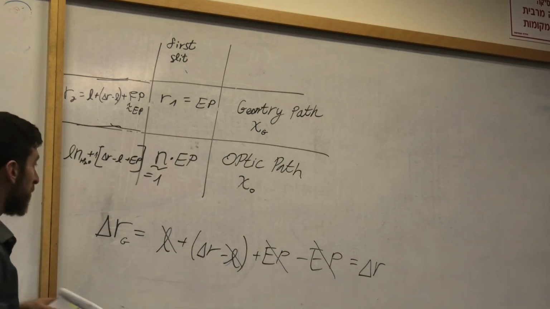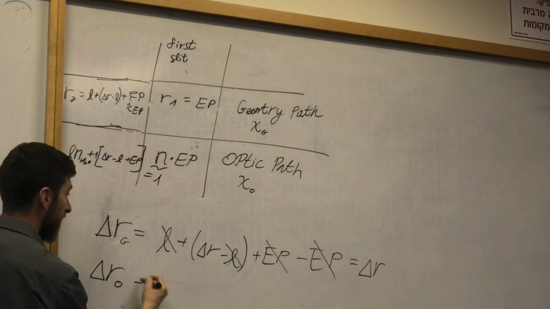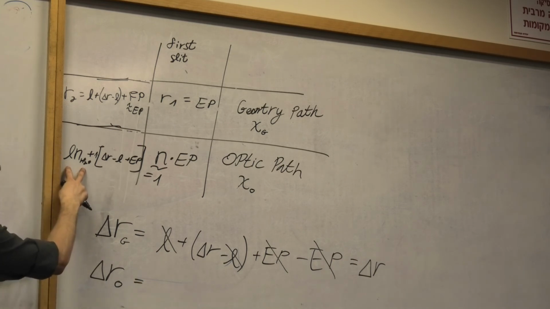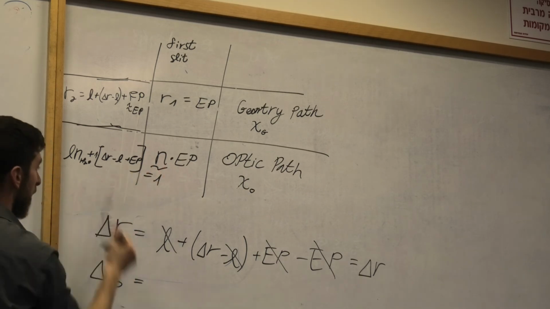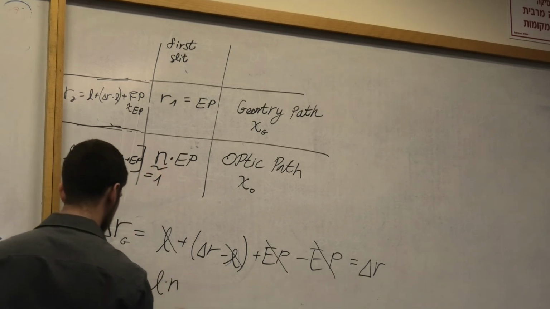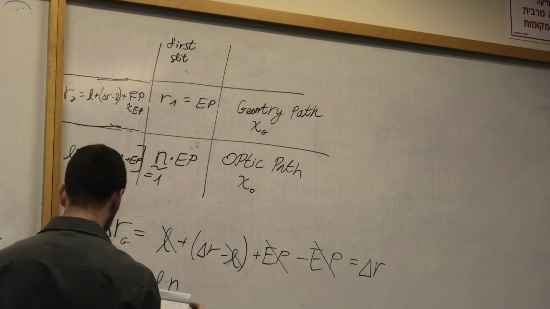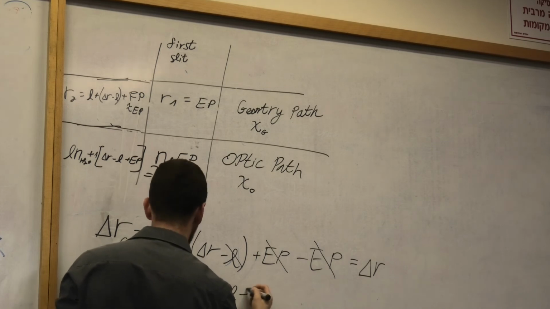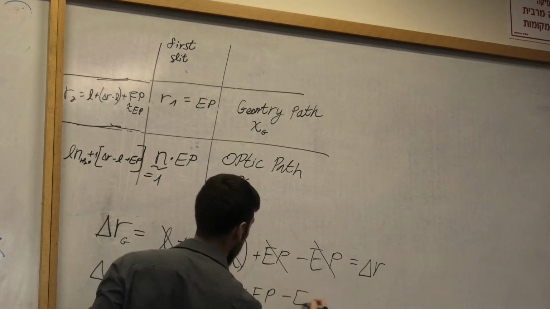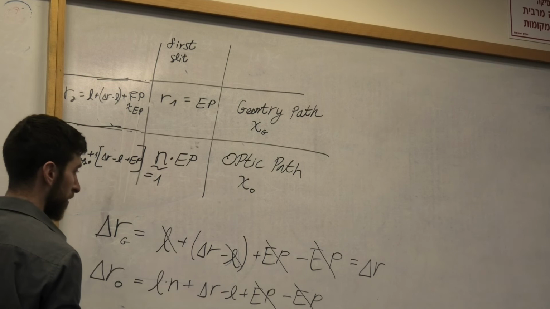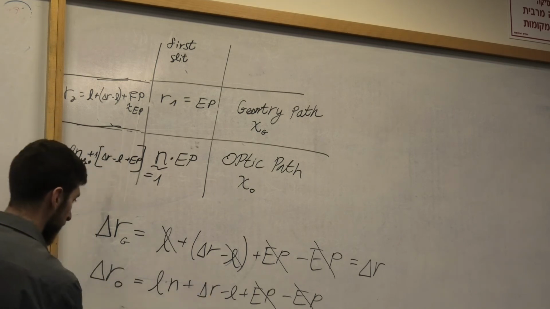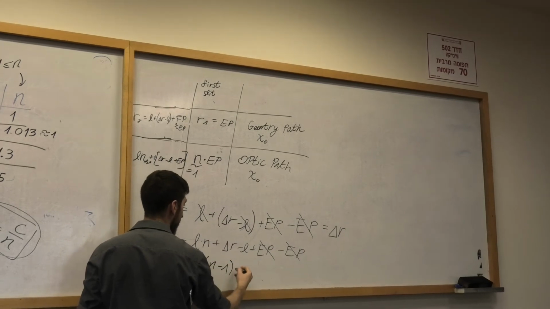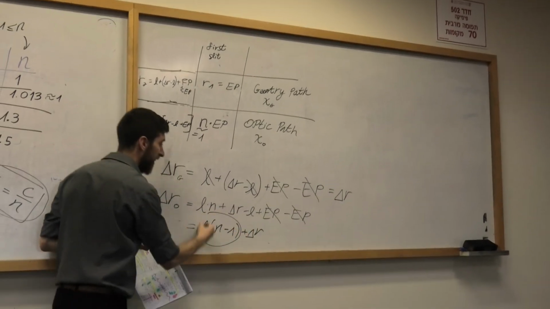It's the same thing. But right now delta R optic is different, because we have this term here. So we have Ln plus delta R minus L plus EP minus EP. This dies out, but I have this term L, I can put L inside: L(N minus 1) plus delta R. So we have this extension.